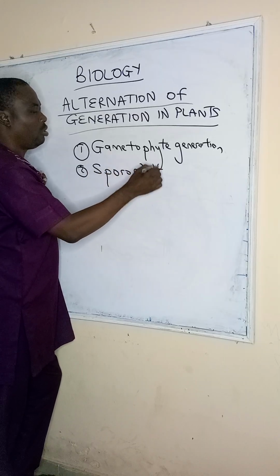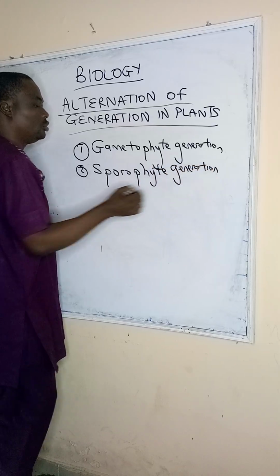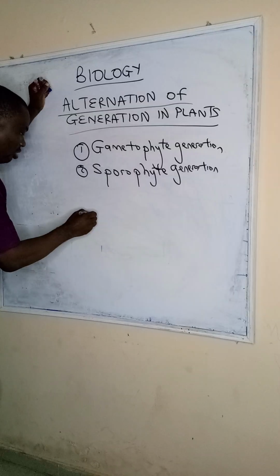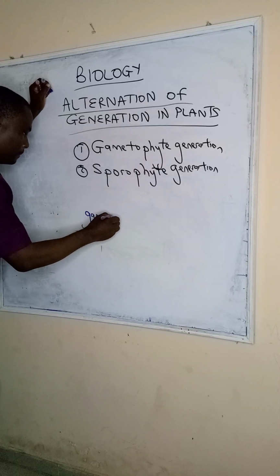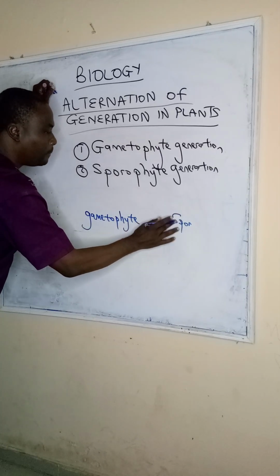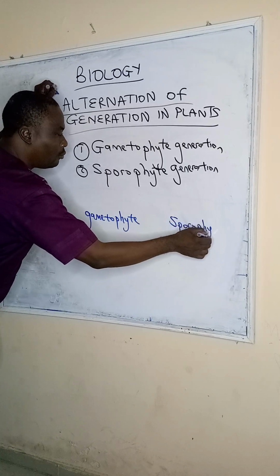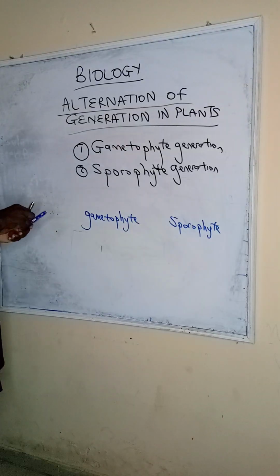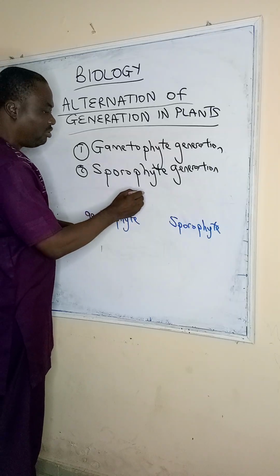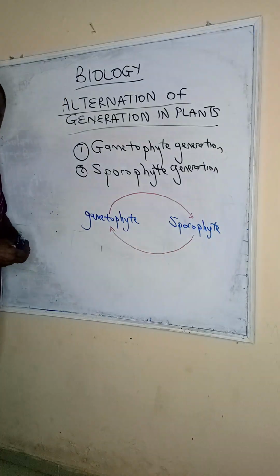So you can have the gametophyte like this, and you can have the sporophyte like this. What happens is they alternate: at a particular stage in the life cycle of the plant, they are gametophyte, at another stage they are sporophyte, at another stage they are gametophyte. So they alternate like that.